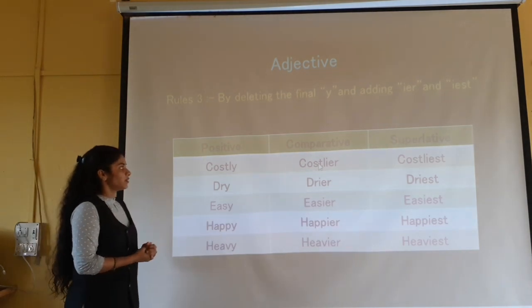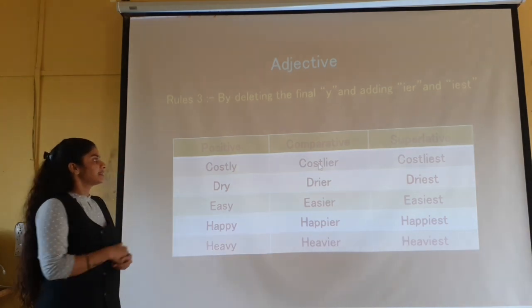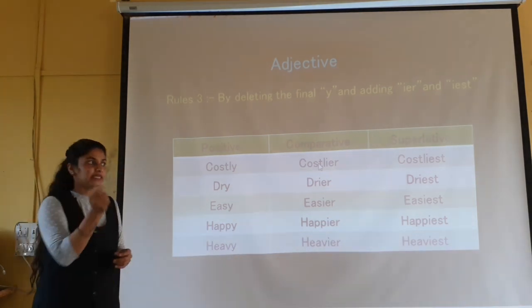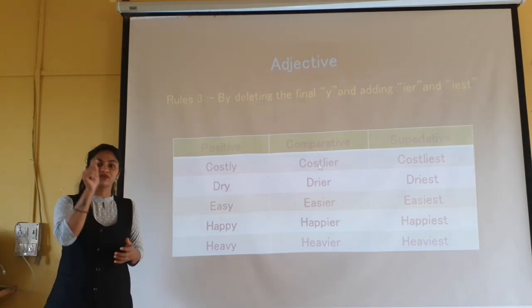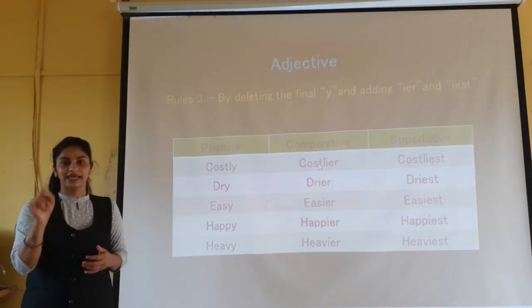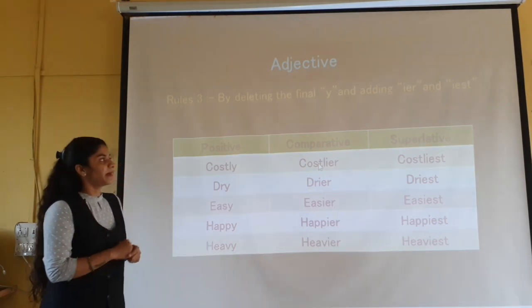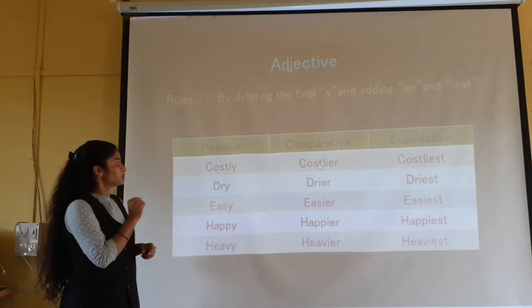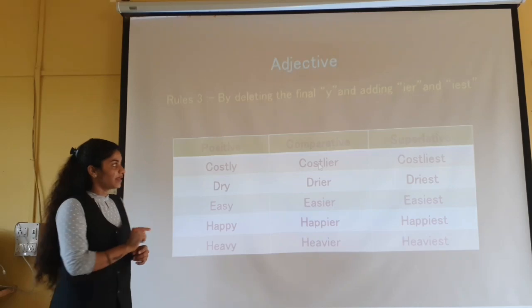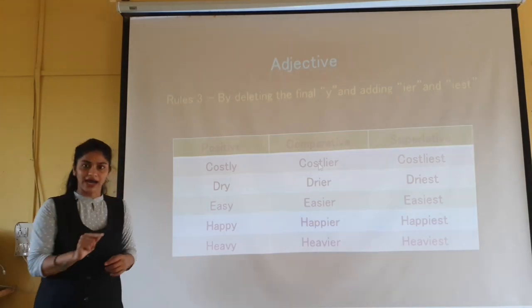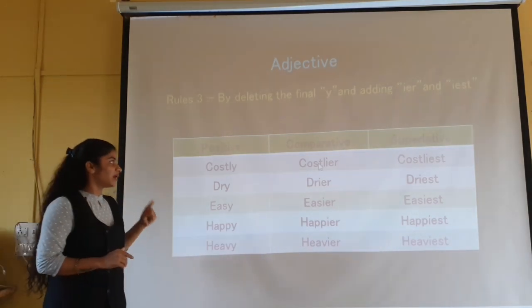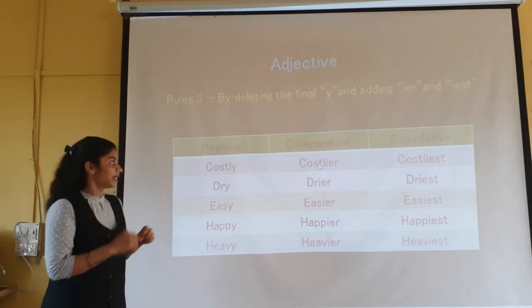Costly, C-O-S-T-L-Y. Here at the end there is Y. In singular and plural we cut Y and add IES to make it plural. Now here to make it comparative and superlative, we are going to cut Y and add I.